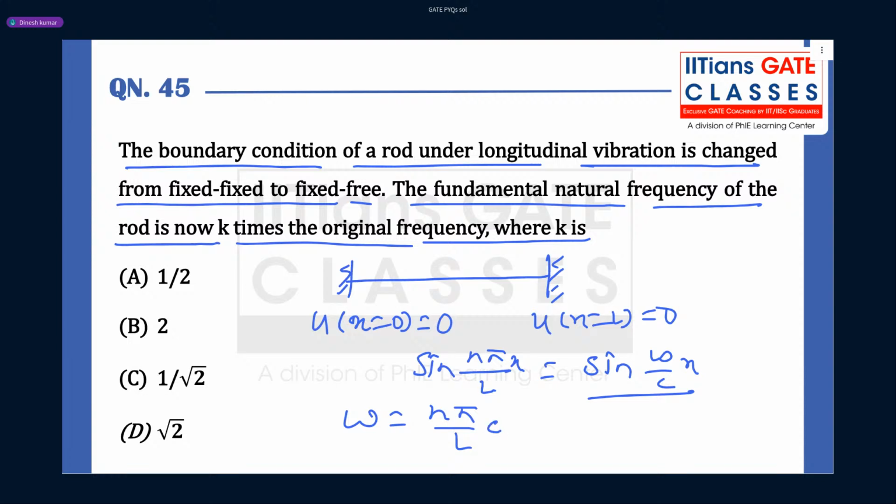Okay. Now guys, in case of a rod, what is c? It is under root E by rho. So omega is n pi by L under root E by rho. Is it correct, right?